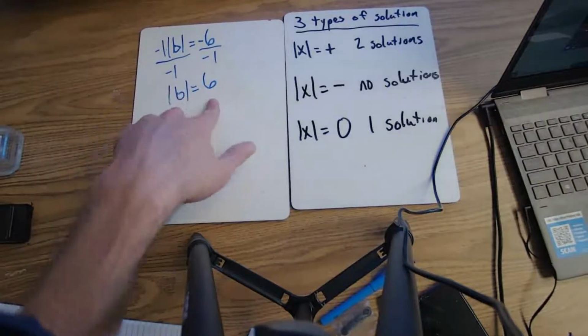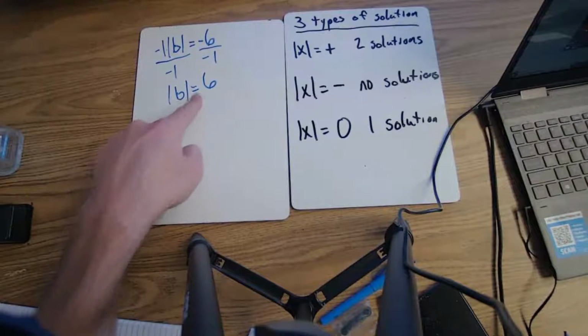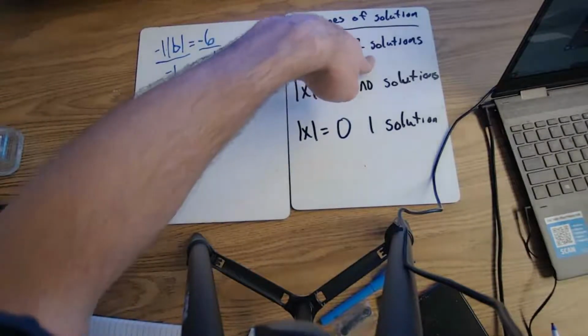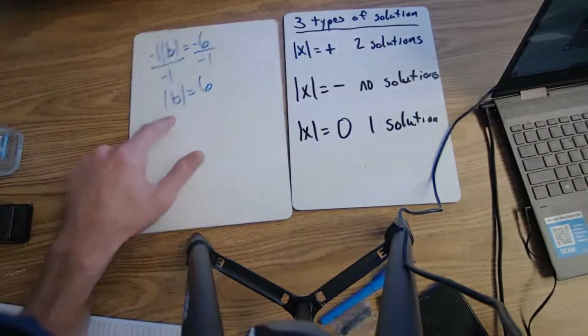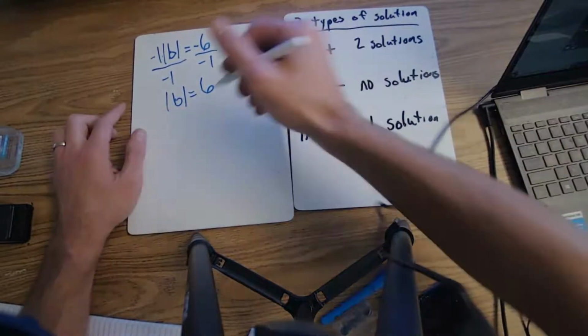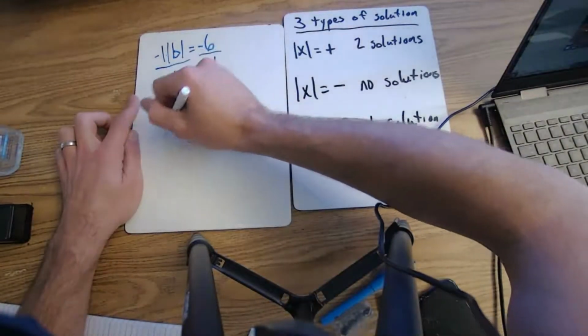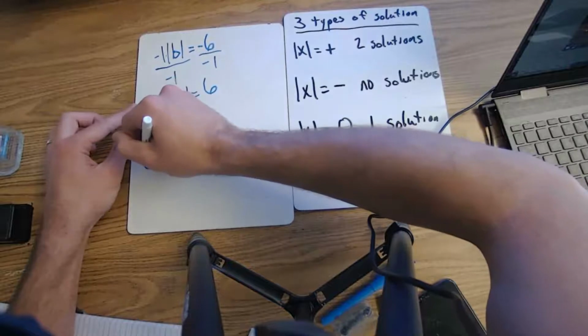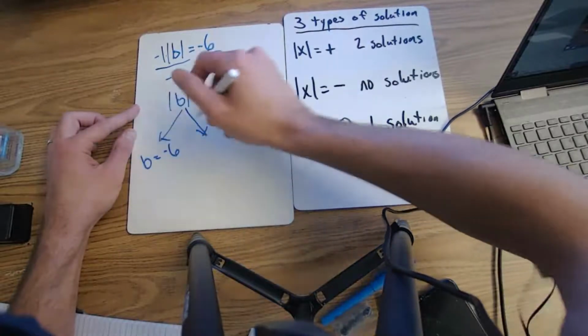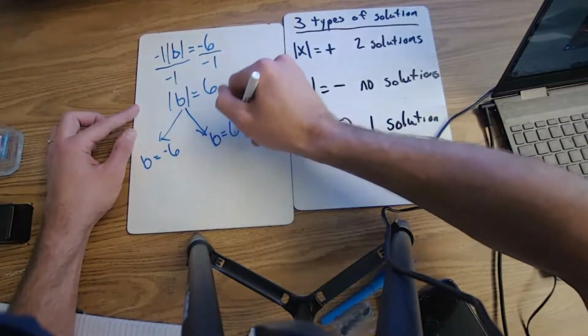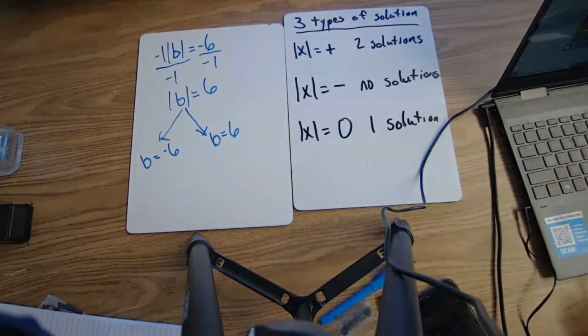So now I know I'm going to get my two solutions. And again, to cancel out those absolute value bars, we split it into two possible answers. B could be a negative 6, B could be a positive 6.